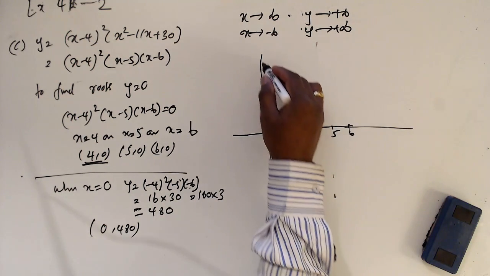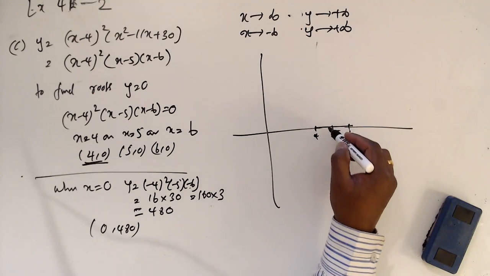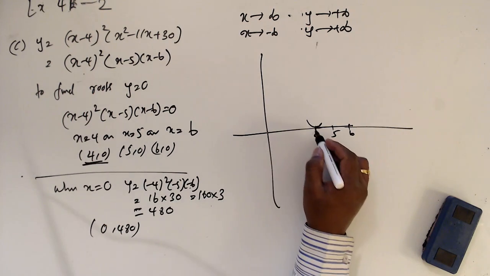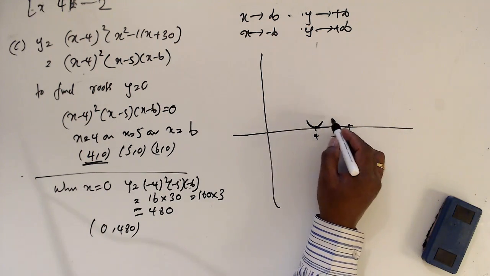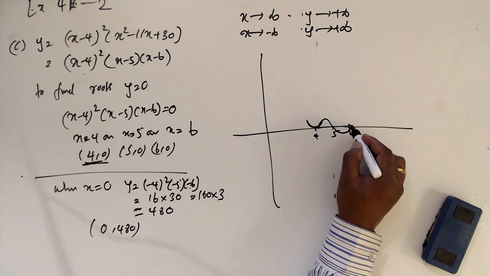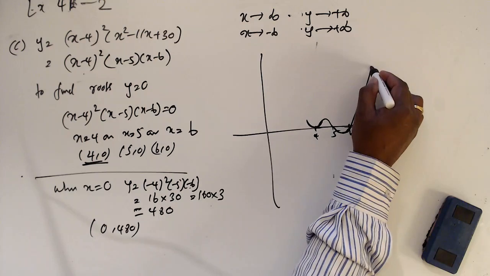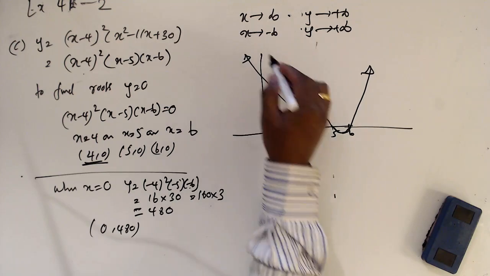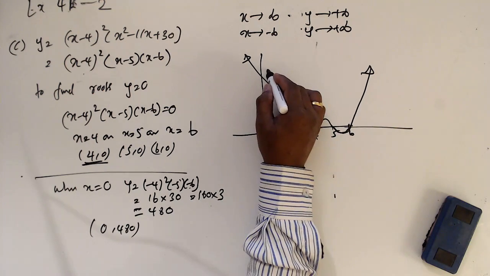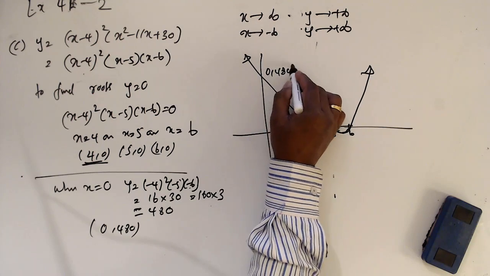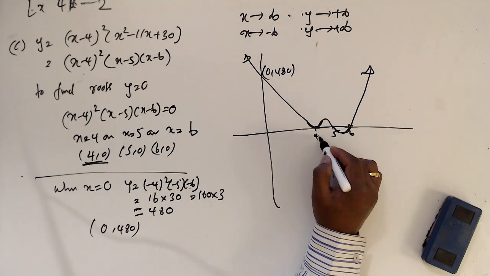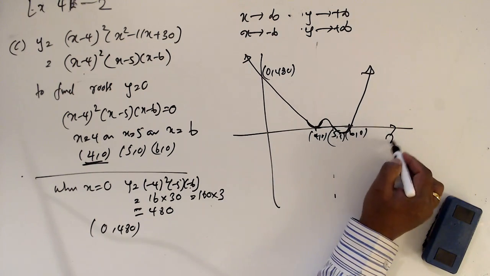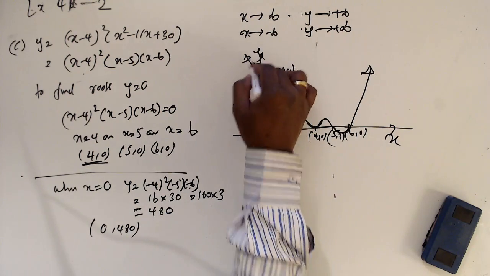Touch, and this is 480, and this is going to be a touch because that is the repeated root. So this is going to be (0, 480), and this is (4, 0), this is (5, 0), and this is (6, 0), and x-axis and y-axis.